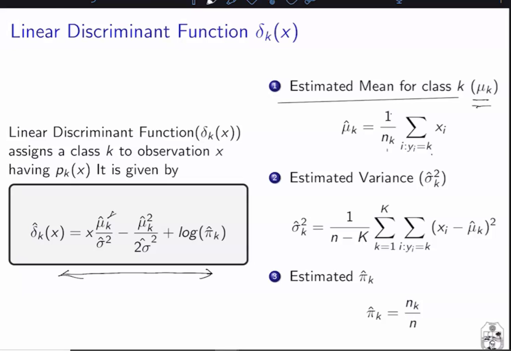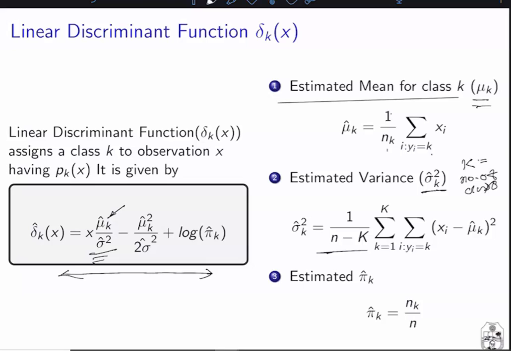Mu k is present in this equation, or the density function. How the variance is calculated, that is the sigma k square. The sigma k square is calculated like this: 1 divided by n minus K, where the big K is nothing but the number of class labels. In case of binary classification, it is 2.